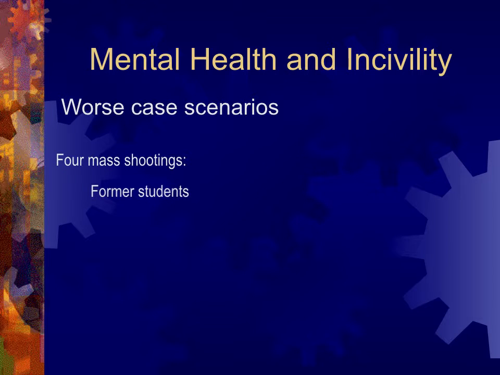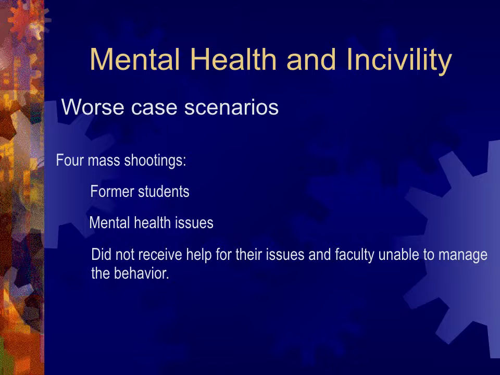The reason authorities think this happens is because the person had mental health issues, and in particular, one of the nursing students that failed courses was also going through a divorce, and they did not receive the type of help that they needed, and the faculty were unable to manage the behavior.